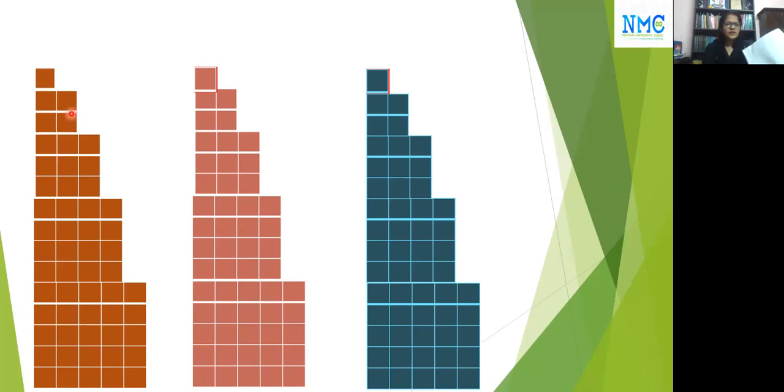Again here you can see, 1 2 3 4, so you can cut 2 by 2, and 3 by 3, 4 by 4, 5 by 5. Like this you can cut the pieces of unit squares, right? Because we want 1 square, 2 square, 3 square, 4 square, 5 square.